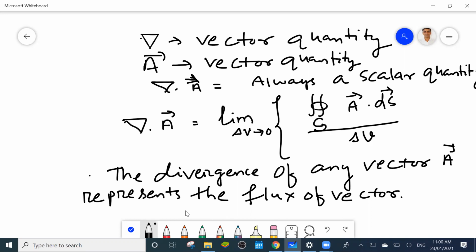That means the vector A is flowing at any point in the electromagnetic region.